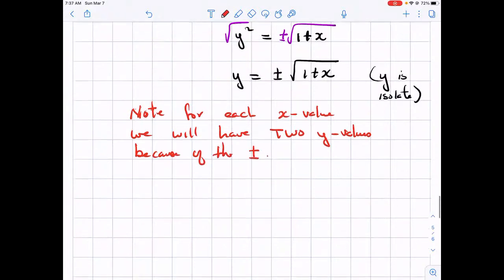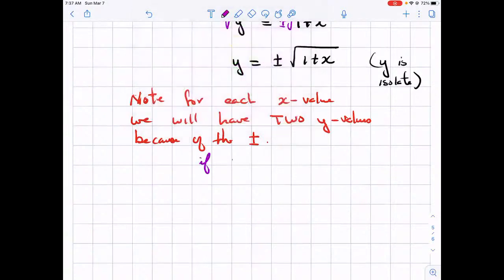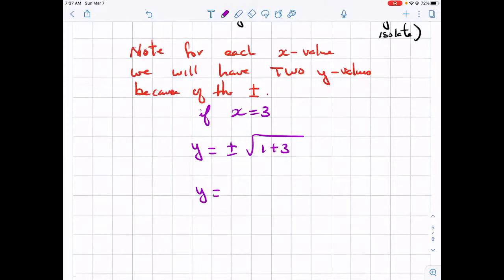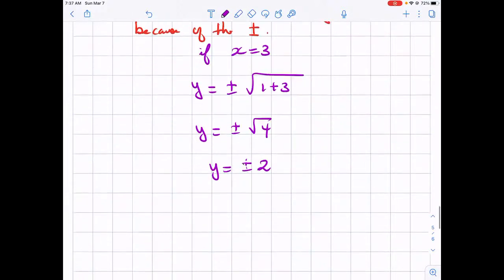So if x is equal to 3, we have y is equal to plus or minus the square root of 1 plus 3. So y is equal to plus or minus the square root of 4. So y is equal to plus or minus 2. So here we have 2 values. Okay.